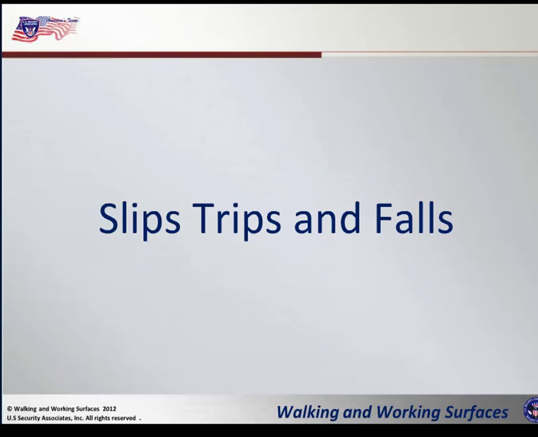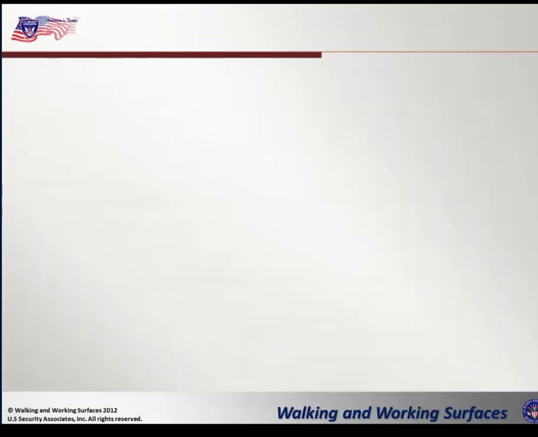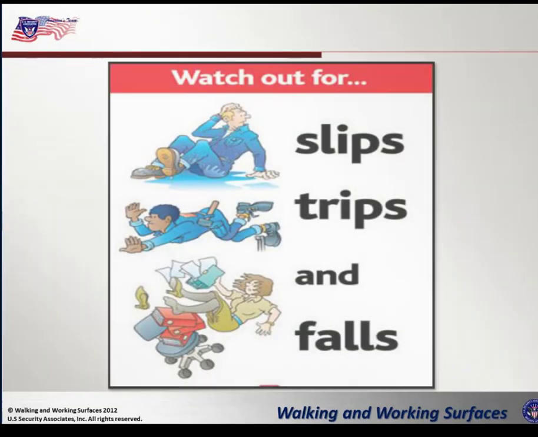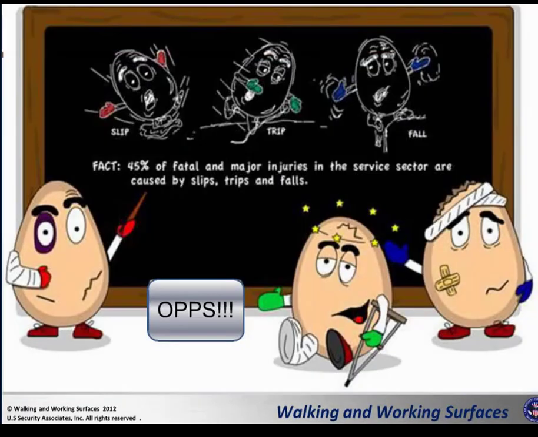Let's begin with slips, trips, and falls. Walking and working surfaces means you have slips, trips, and falls. On a side note, did you know that 45% of fatal and major injuries in the service sector are caused by slips, trips, and falls? Scary thought.